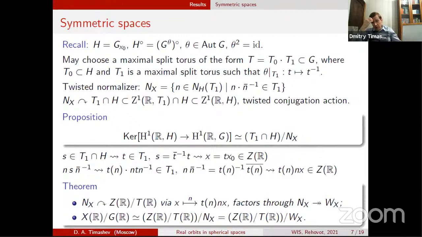Actually, I don't want to elaborate much on this case for two reasons. The first one is that this Galois homology approach is quite general, but to make it efficient, you need, as I explained, to have a good control over the Lie theoretic structure of the stabilizer, which we have in the symmetric case, and we don't have for general spherical spaces.